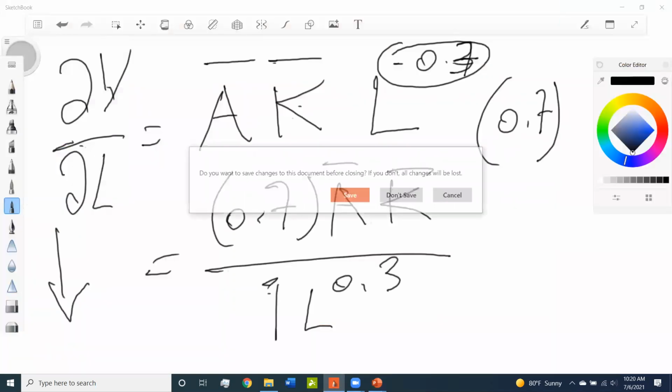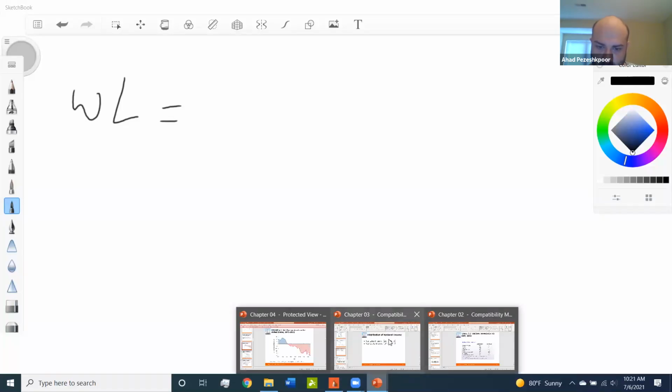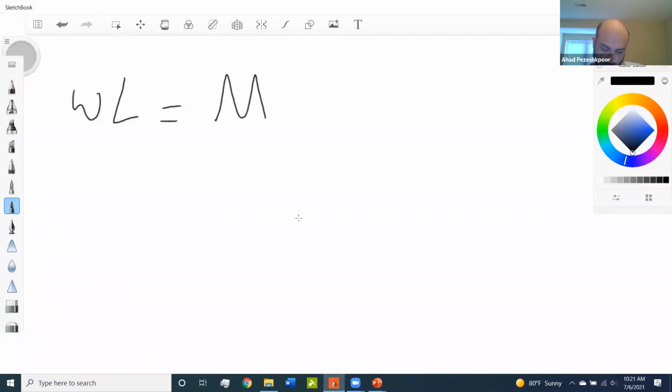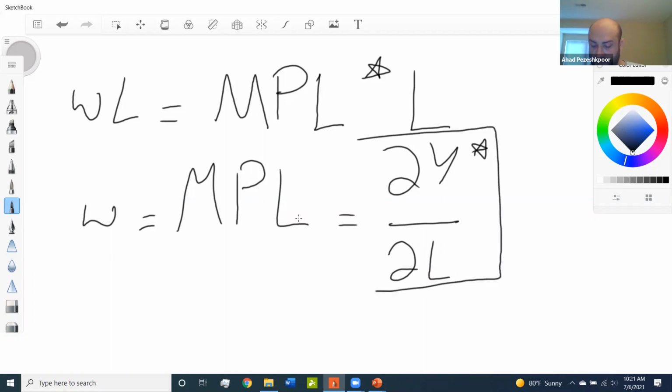What about R? Let me write W multiplied by L equals marginal productivity of labor multiplied by L. Now, if you divide both sides by L, W equals the marginal product of labor, or as we talked about, the derivative of Y with respect to L at the equilibrium point.